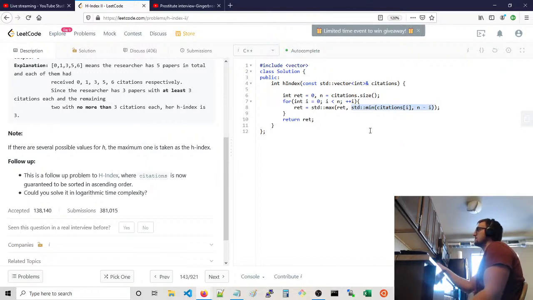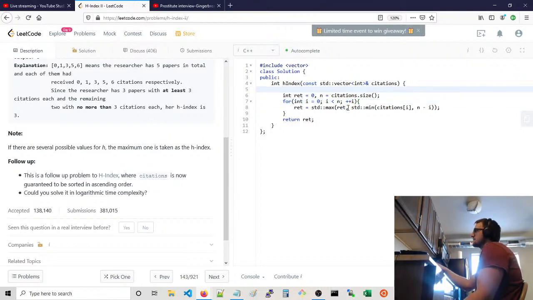So each of these numbers, believe it or not, are actually in non-decreasing order from left to right. Or rather, I shouldn't say this value. I should say this value compared to sort of what you already see.